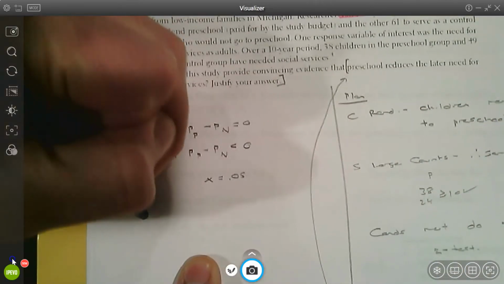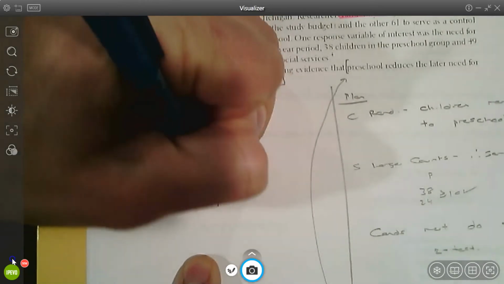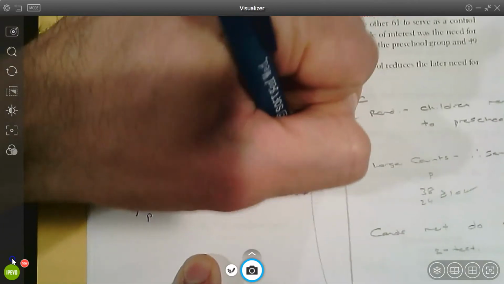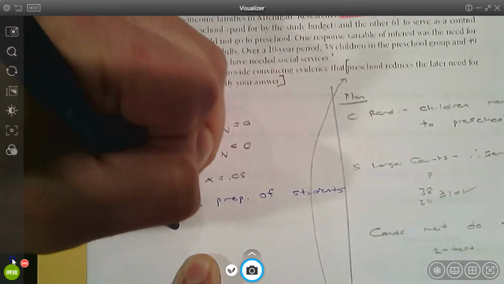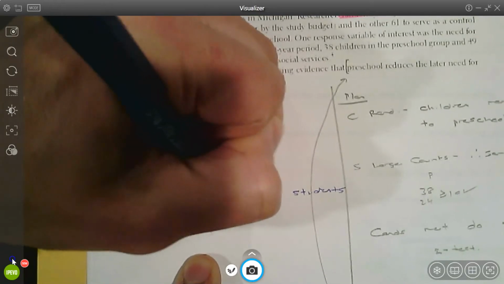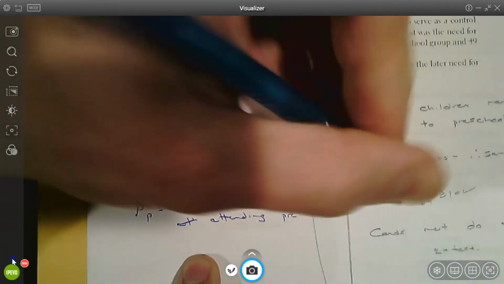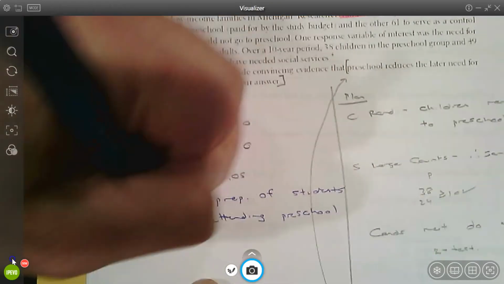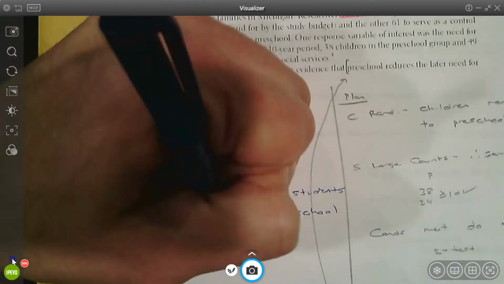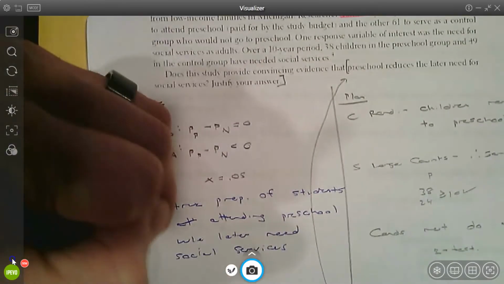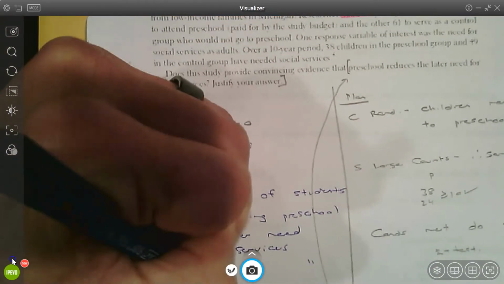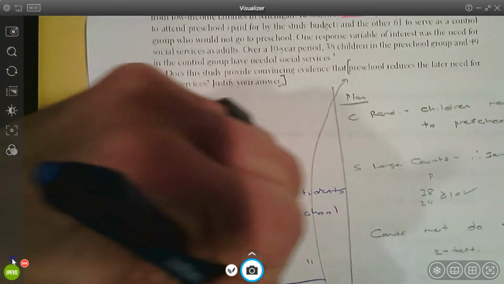So P sub P is the true proportion of students attending preschool who later need social services, and P sub N, true proportion of students not attending preschool who later need social services.